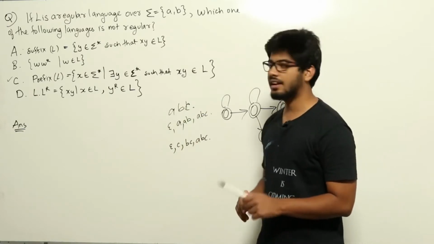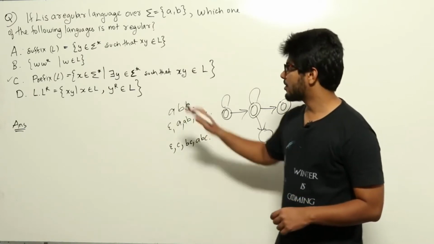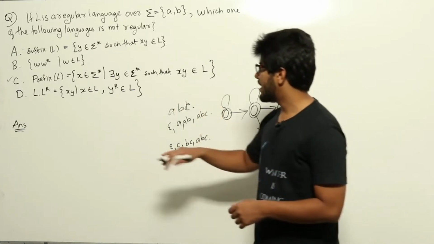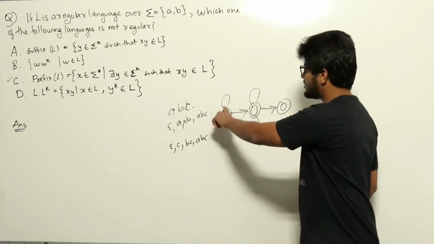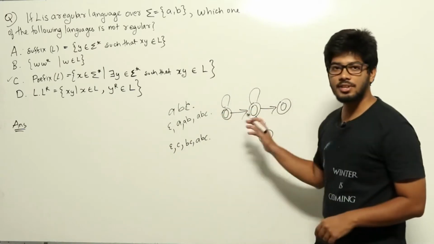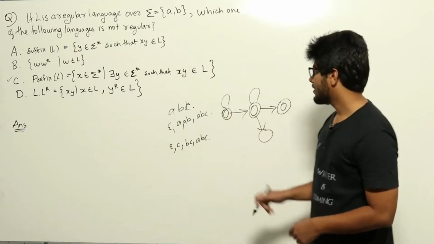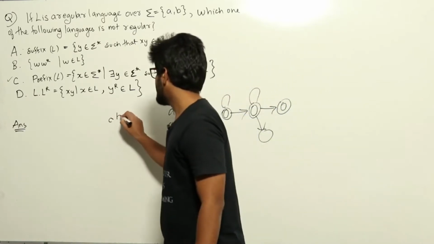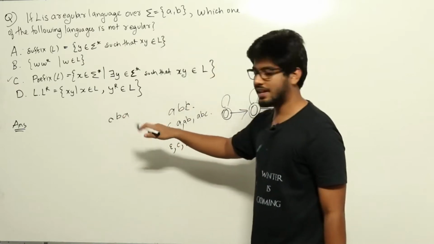If L is regular, L reverse will also be regular, meaning for L reverse we can also construct the DFA. And in the L reverse language, if we just take the prefix, that will be the suffix in language L. See, if ABC belongs to language L, then CBA will belong to language L reverse.